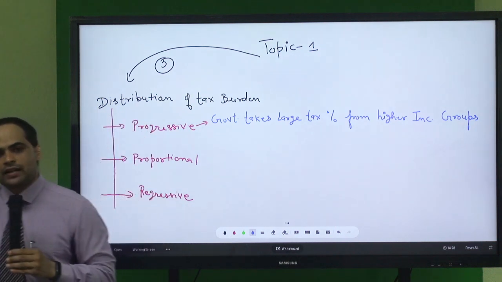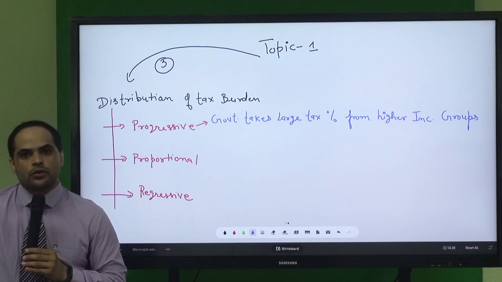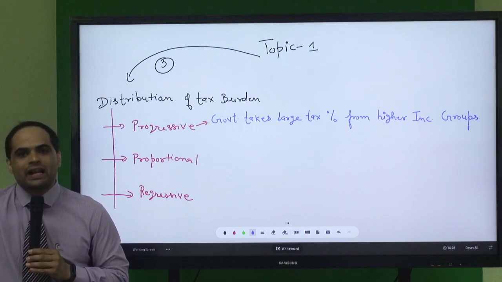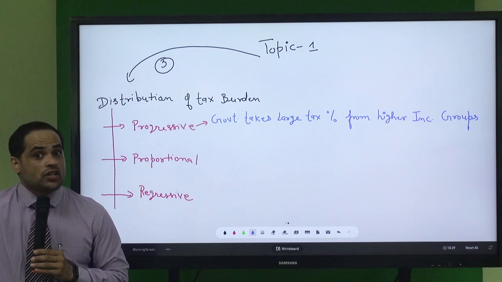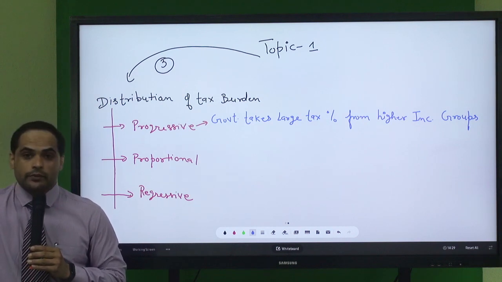It means that the people who come under the higher income group are more likely to pay higher tax compared to the people who come in the low income group.